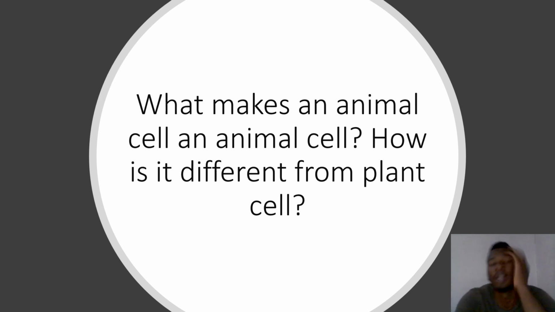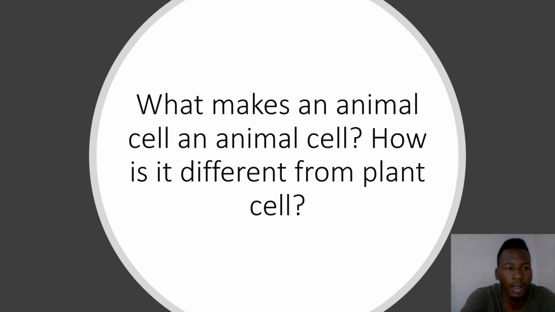First, plant cells have a cell wall, and animal cells don't. Plant cells have chloroplasts, which animal cells don't have. A plant cell also has a central vacuole, which an animal cell doesn't have, but it has other structures supporting its function.